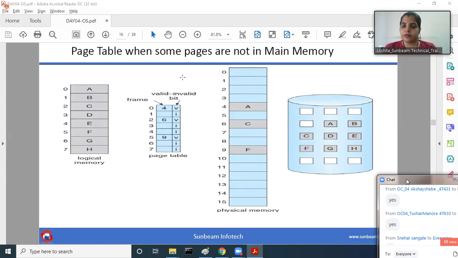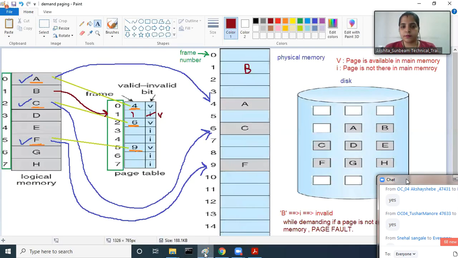If yes, then now let us consider the other scenario. Suppose now I am saying I wish to load page E. Do I have page E in my page table as an entry as V or I? Page E, frame number 4, frame number 4 पे entry क्या है? I है.